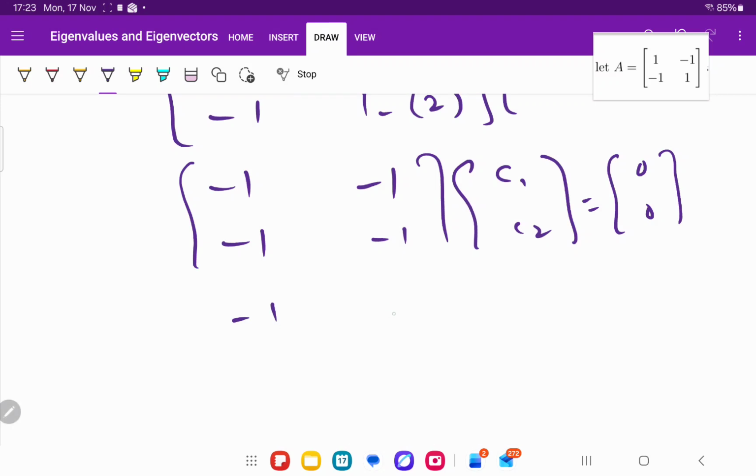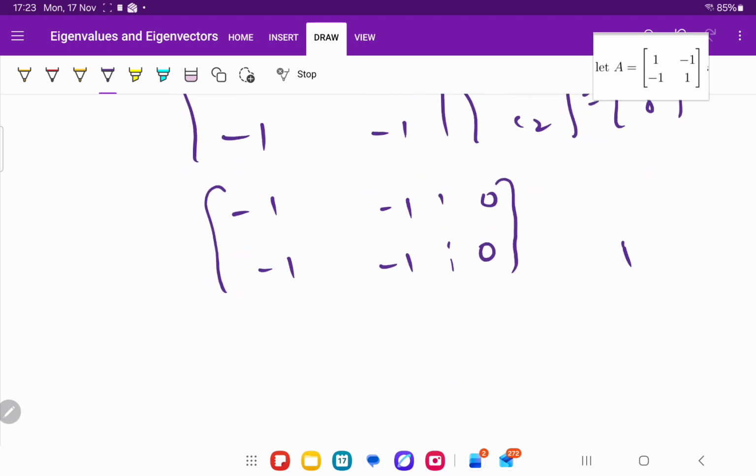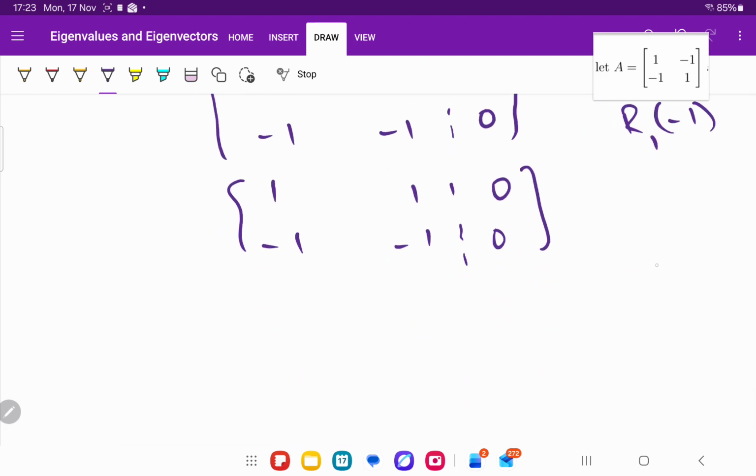So minus 1, minus 1, 0, minus 1, minus 1, 0. By taking out the minus from row 1, we can have 1, 1, 0, minus 1, minus 1, 0. Now simply adding two rows, row 1 with row 2, we can have 1, 1, 0, 0, 0, 0.